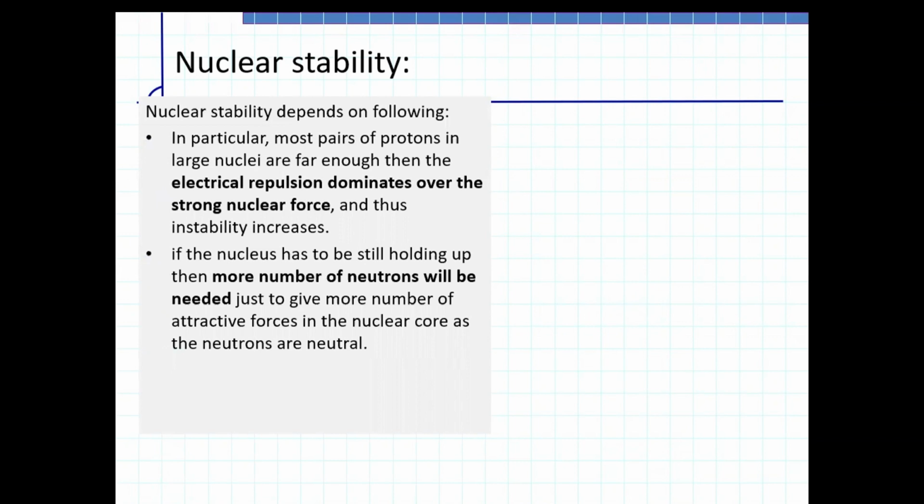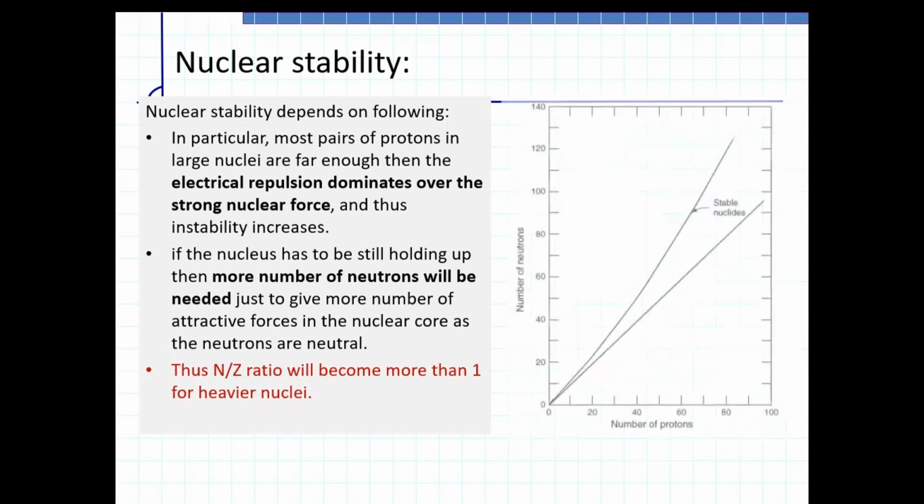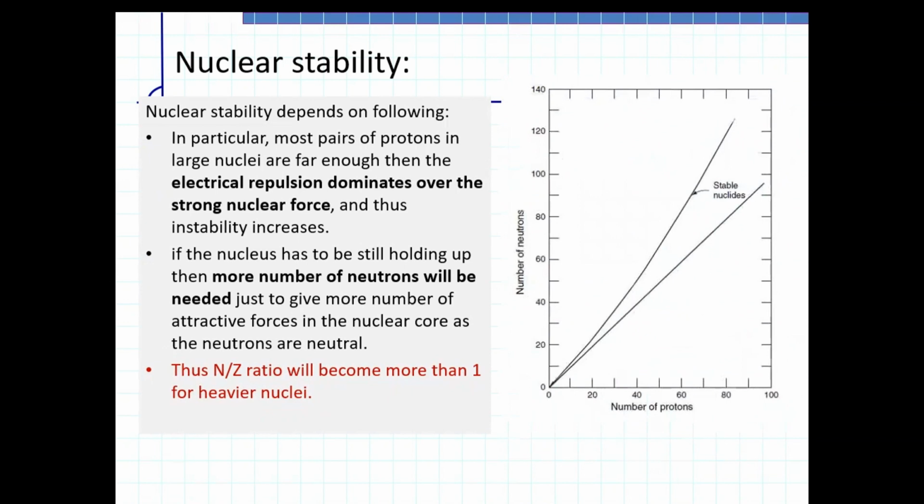If the nucleus has to hold, then more neutrons will be needed to give more attractive force and to keep the nucleus in a bound form. Thus, the N divided by Z ratio will become more than 1 for the heavier nuclei. And you can see this is the real trend for the stable nuclei, that the curve goes up.